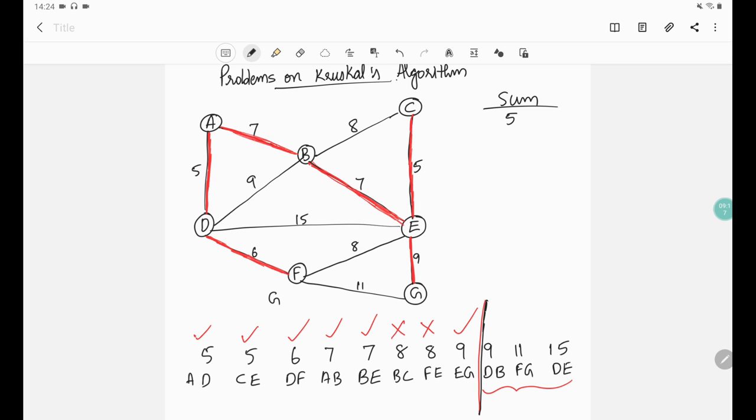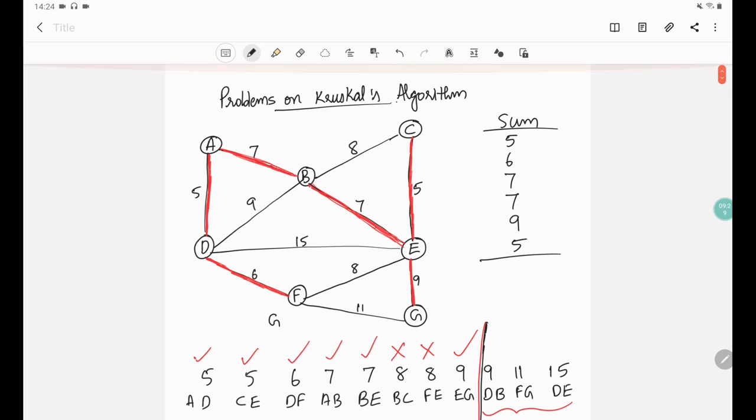There is an edge with weight 5, another with weight 6, another with weight 7, another with weight 7, another with weight 9, and another with weight 5. So in total there are 1, 2, 3, 4, 5 and 6 edges. So we have to find the sum of weights of the edges of the spanning tree.